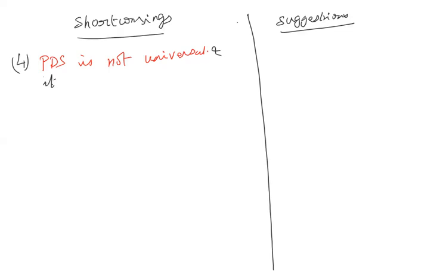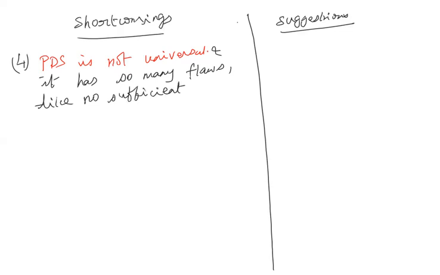It has so many defects or flaws in the way the public distribution system is operating in our country. For example, there is no sufficient quantity. When a family has a ration card and wants to purchase the required quantity mentioned in the card, they should be able to purchase it from the ration shops, isn't it?